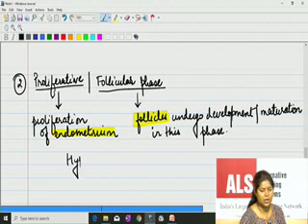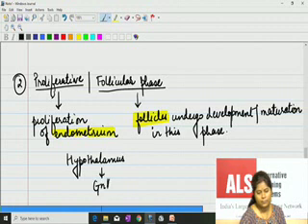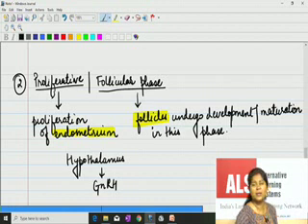Let's make a flow chart. The full form of GnRH? Yes. The full form of GnRH. What is it?